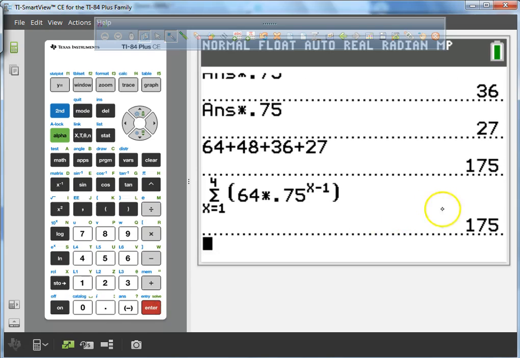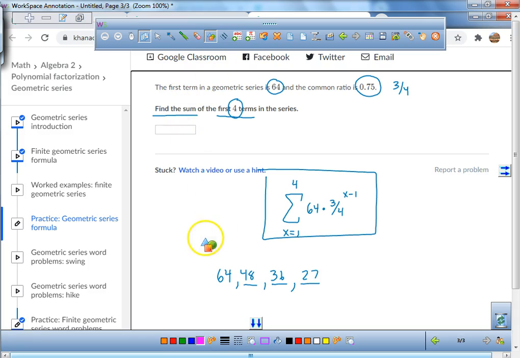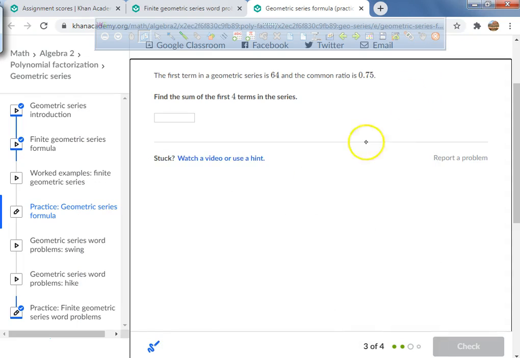And what do you still get? 175. All right? So I want to make sure that you understand what's happening. We're adding all of those together, but this is how you would use the formula to get the 175 that you need. Okay?